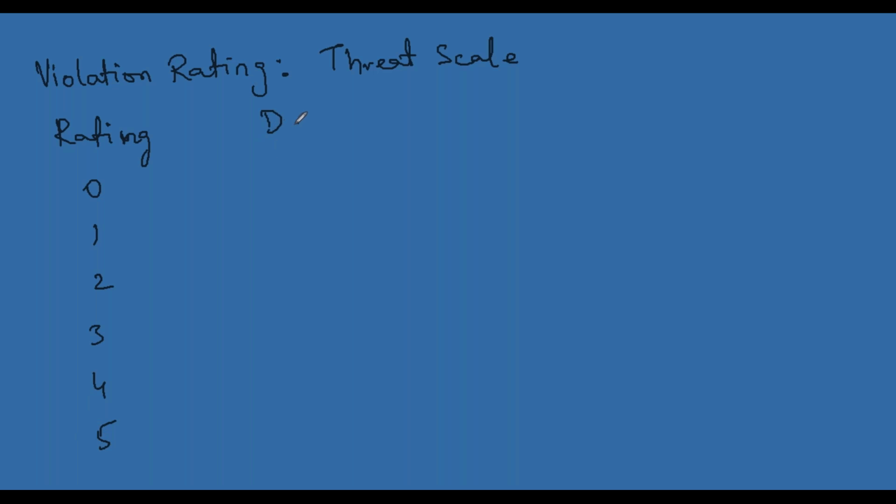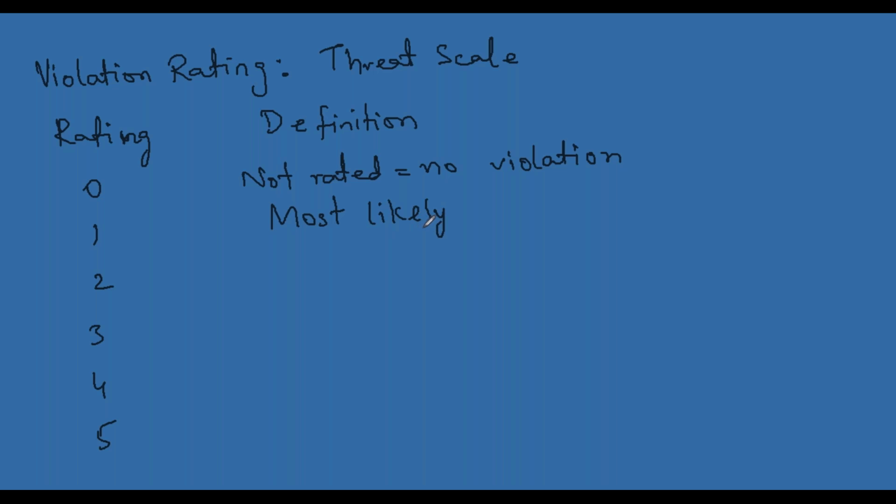When I say 0, it means not rated, or equivalent to no violation. If the rating is 1, it is most likely a false positive. But you, as an administrator, have to review that violation in order to take action accordingly. When a violation rating is 2, it looks like a false positive but requires an examination.